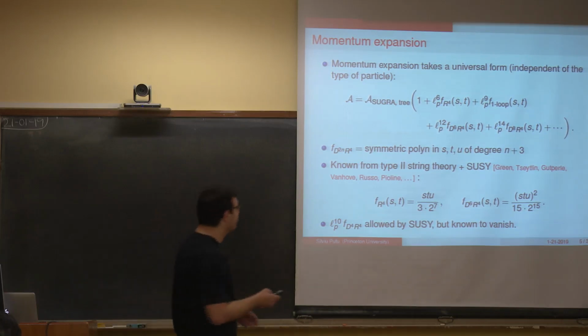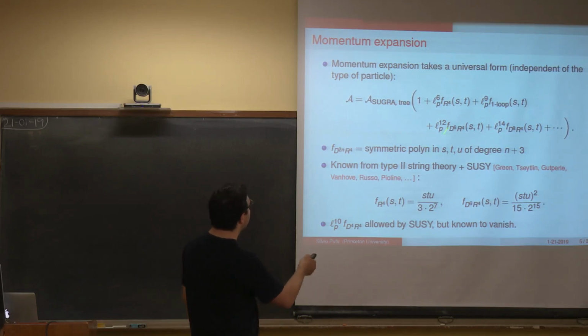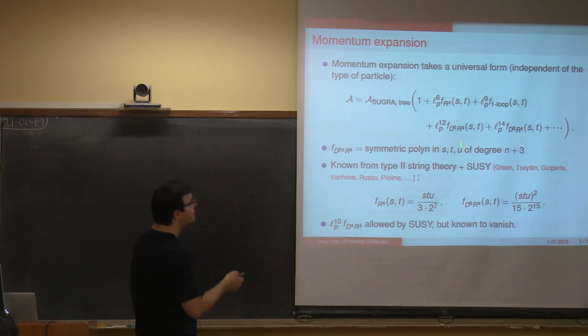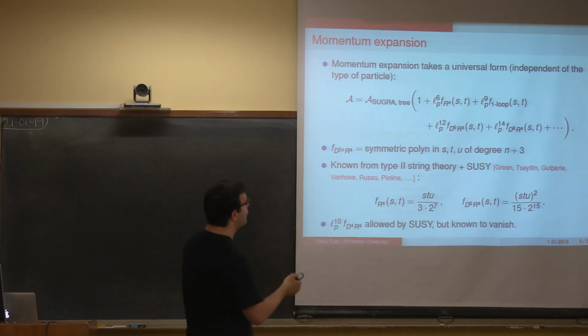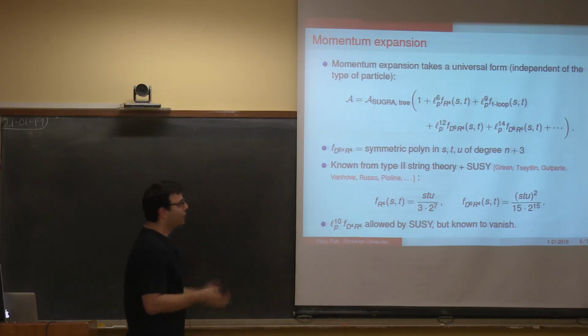By dimensional analysis, at each order in the expansion, these functions are homogeneous of degree given by the power of L Planck, divided by 2. Some of them are polynomials in S and T, and some of them are more complicated.